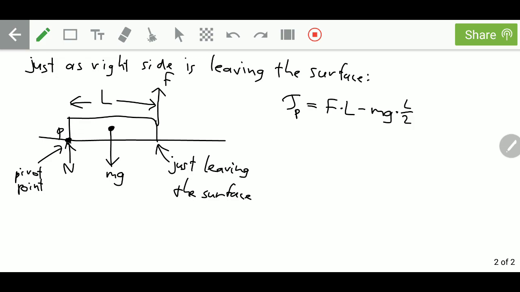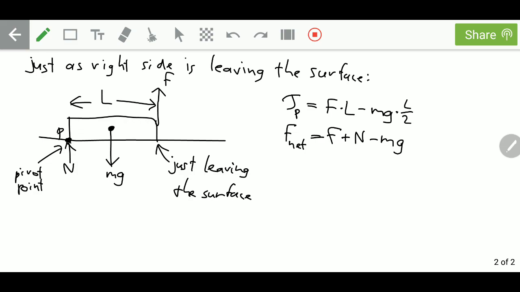And now we have our net force, which will become F plus N, those are the two upward forces, minus mg, which is the downward force.